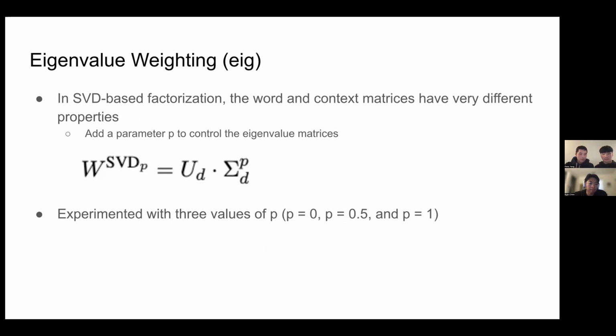And this study suggests that the weighted eigenvalue matrices have a significant effect on the performance of the models. And this study experimented with three values of P, with P equals 0 and P equals 0.5 being the symmetric variant of SVD, and P equals 1 being the traditional factorization. And this technique is only applicable with the SVD method.